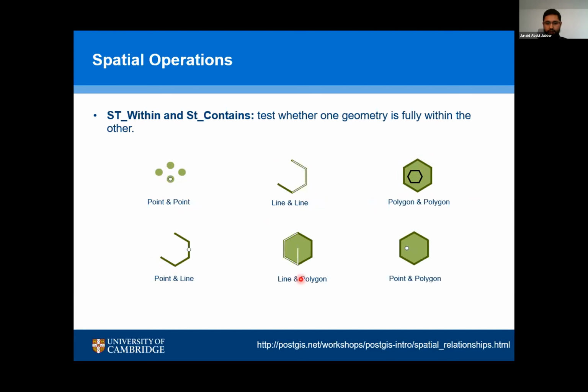Similarly, we can perform the operation for point and line, line and polygon, and point and polygon geometry types. So for example, if our mounds are stored as point features and the larger site boundary is stored as a polygon geometry, we can use this scenario to find all of the mounds that are contained within the larger archaeological boundary.